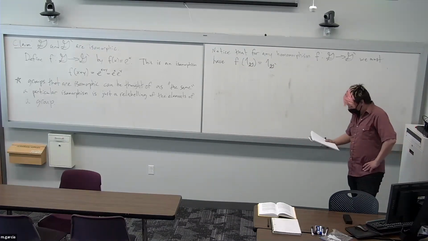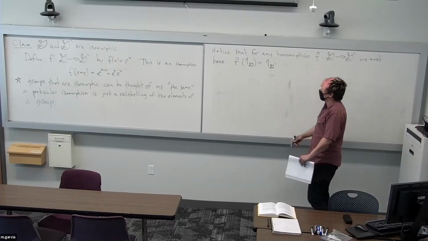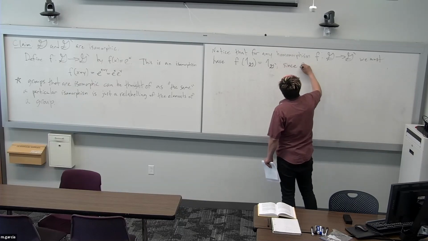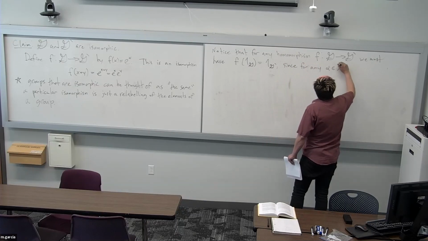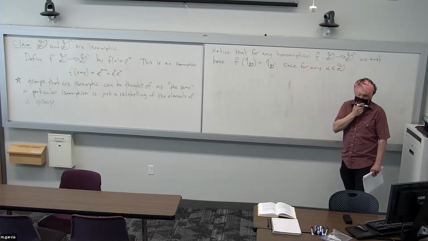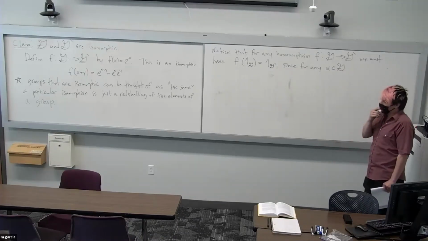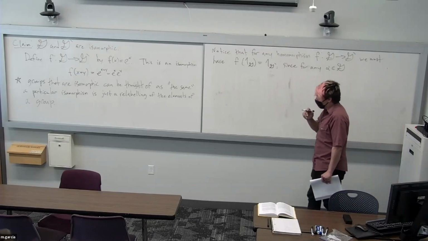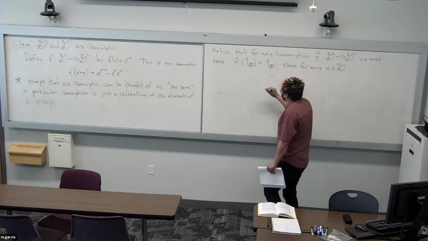Why is this? Since for any alpha in G, the identity times alpha gives just alpha.